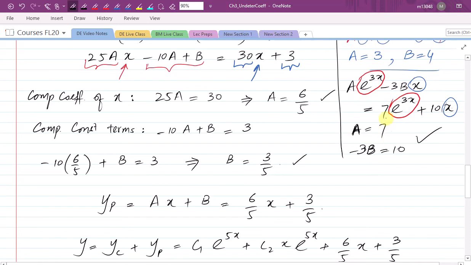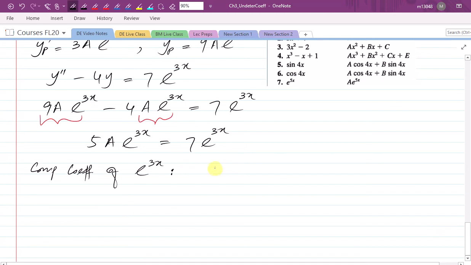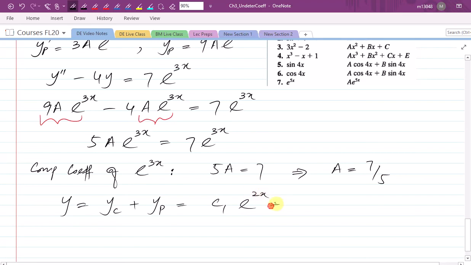So in this case we get 5a equals 7. That means a equals 7 by 5. I'll write y directly this time. We know the story: c1 e raised power 2x plus c2 e raised power minus 2x plus 7 by 5 e power 3x, our yp.